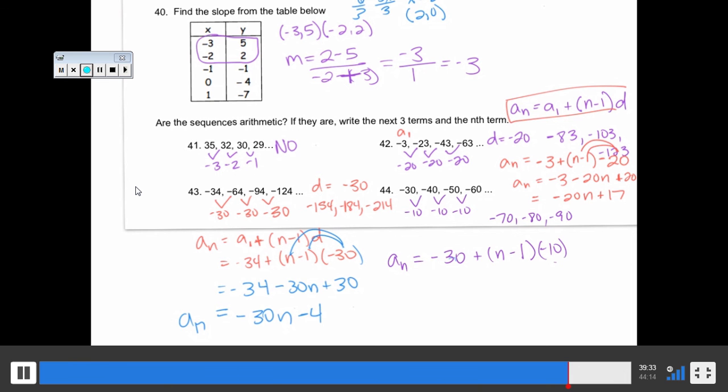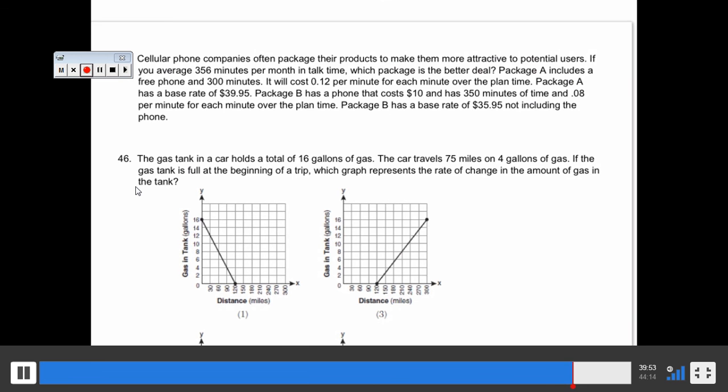Remember, you're going to have to distribute that. So we have a sub n equals negative 30 minus 10n plus 10, and if we combine like terms, a sub n equals negative 10n minus 20.